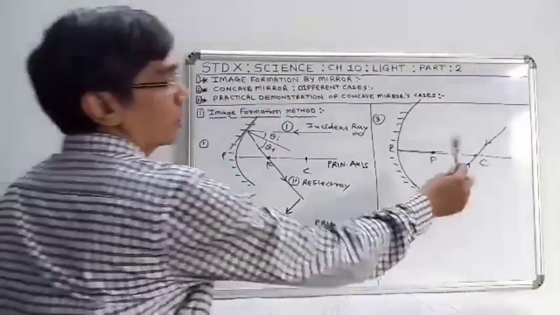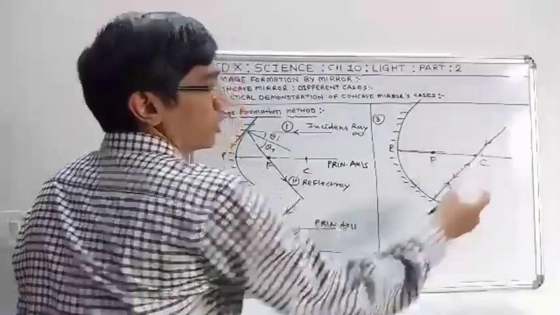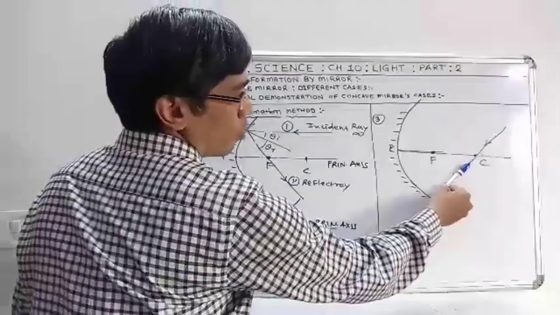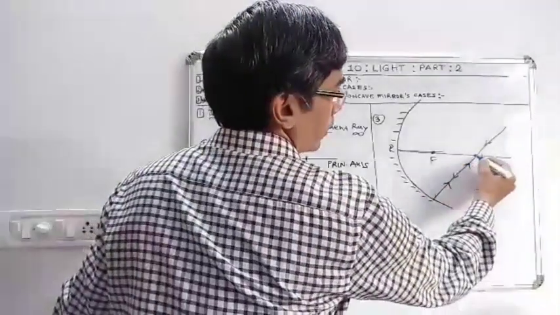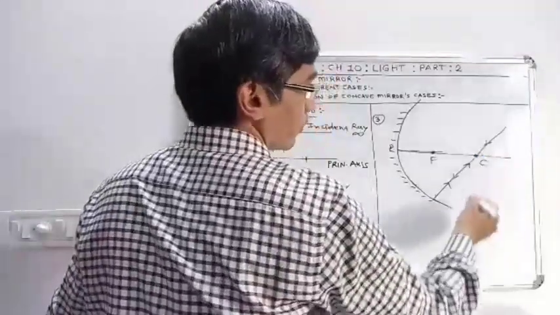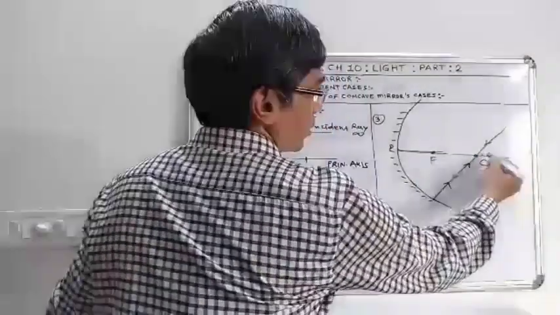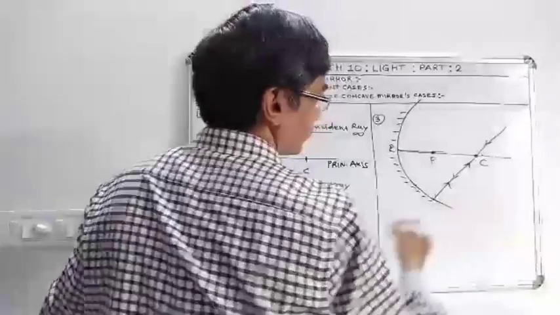So the incident ray is in one direction and the reflected ray is in the opposite direction, and the reflected ray always passes through the center of curvature when the incident ray passes through C.